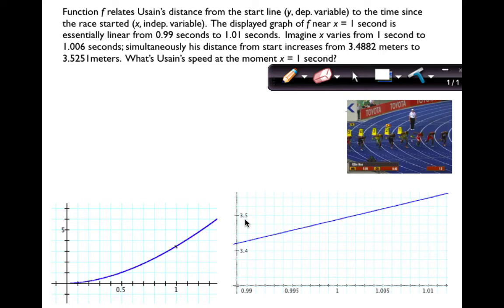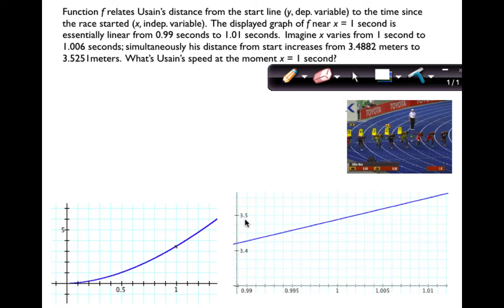But if I'm looking right around 1 second into the race, if I wanted to estimate his speed, all I have to do is look a little bit closer and find something that seems approximately linear. Maybe I can check a few different intervals to see. If I had some data points here, and this is just a picture of GC, so I can't click on this one, but this looks approximately linear.